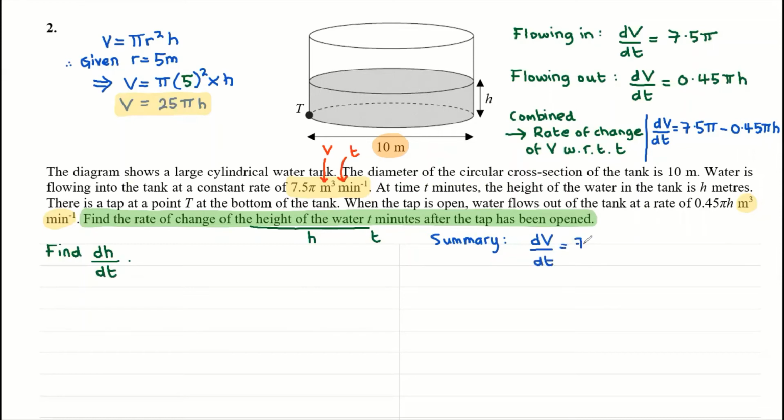So we know that's 7.5 pi, subtract 0.45 pi h, as the water flowing in and the water flowing out. We also have V, the volume of the water, so it's just purely the water we're talking about here. So that's 25 pi h. That's the volume of water with respect to the height.